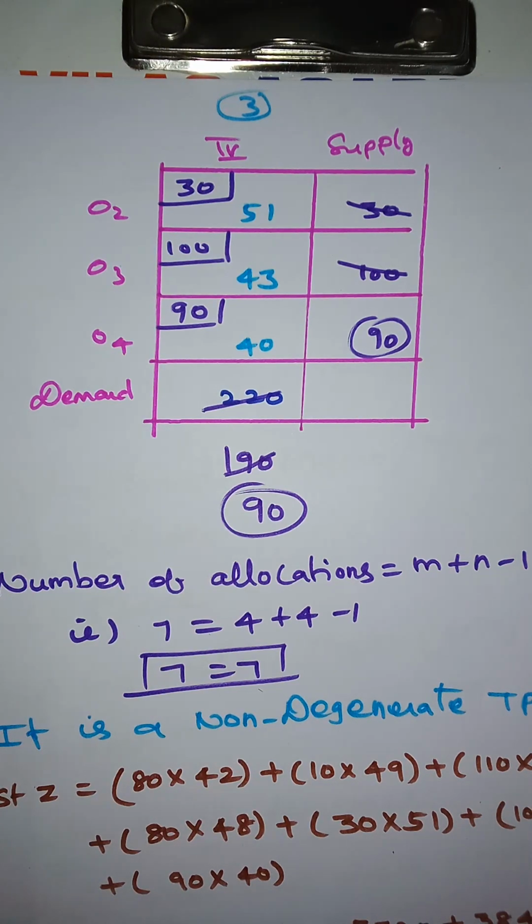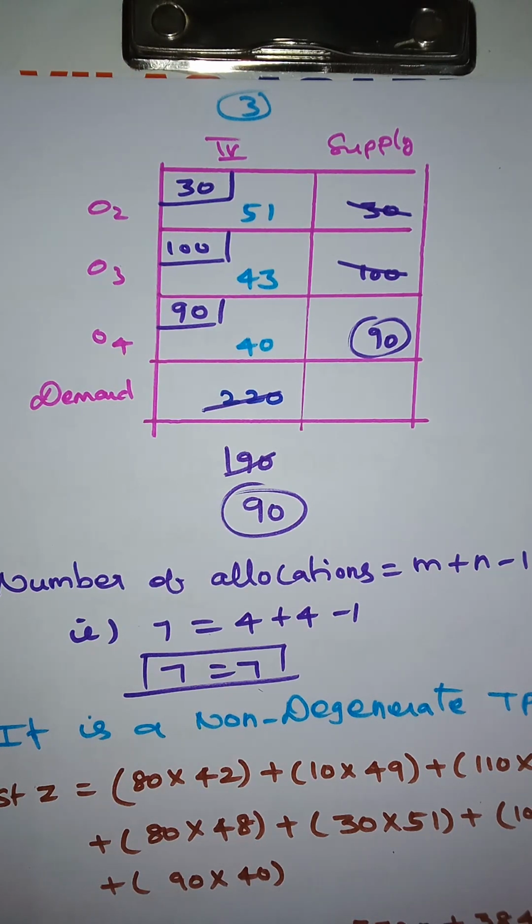So the third and fourth rows remain, with only one column. Next one, 43. The least value is 100, the other is 190. I allocate that 100, and finally I have only one cell, that is 40. Both supply side and demand side have the same value, 90. Allocate that value, so both sides, 90, are cancelled.